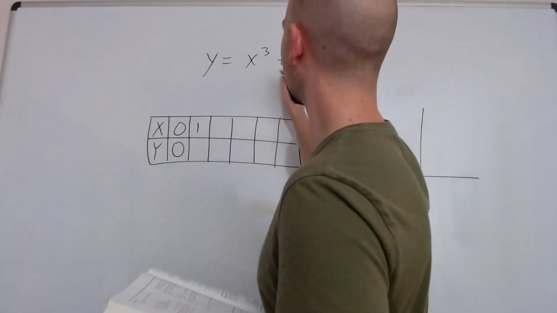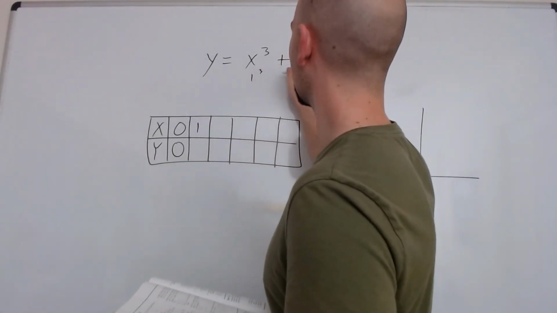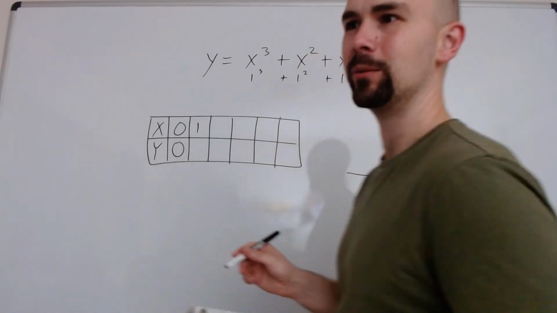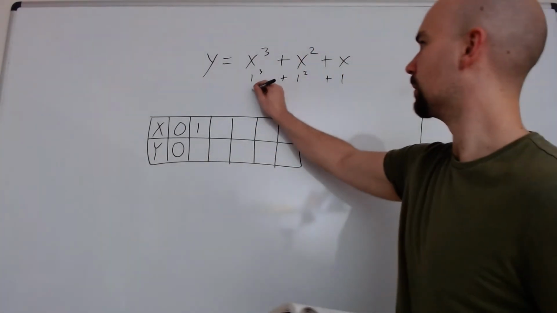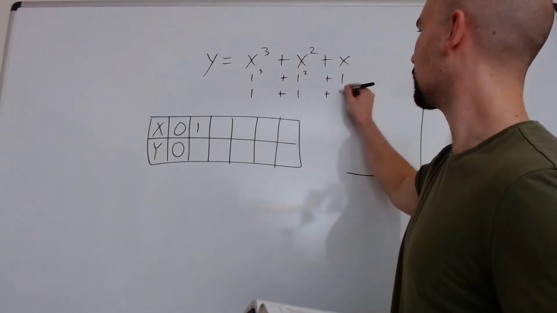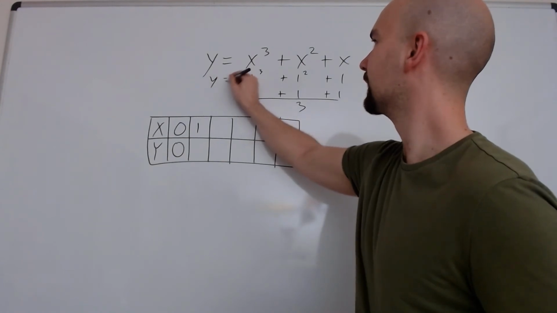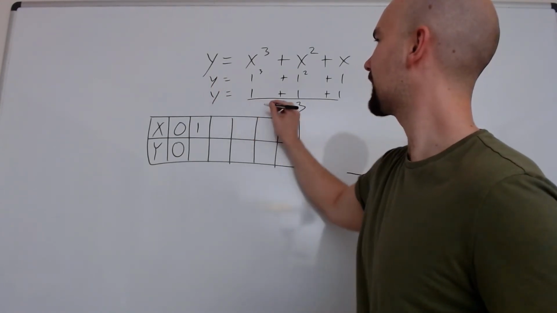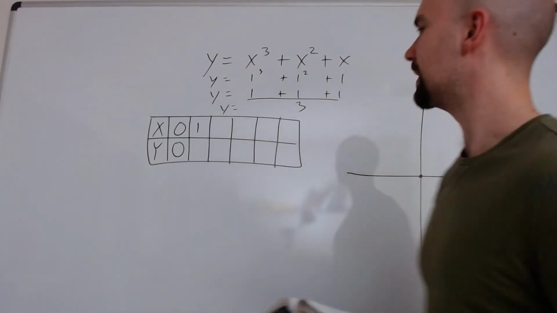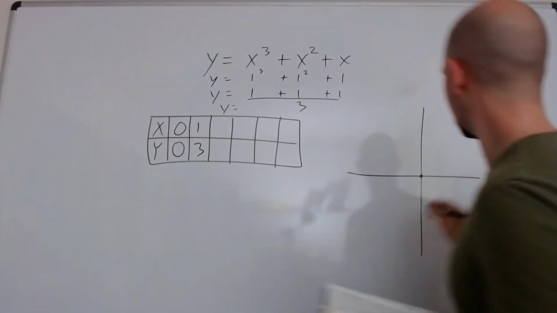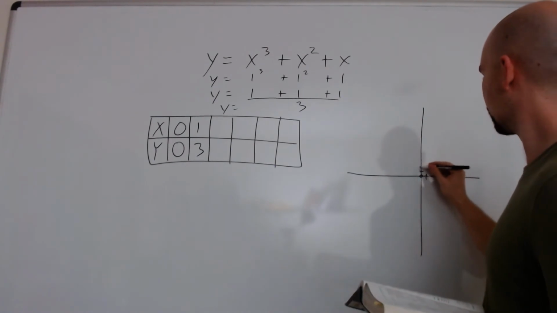We'll do 1. So this would be 1 cubed plus 1 squared plus 1. And what does that all equal? It's going to be 1 plus 1 plus 1, which is y equals 3. I'm saving time by not writing y each line, but I can actually do it because I'll just keep them there for all the different values. So y is going to be 3 if x is 1.